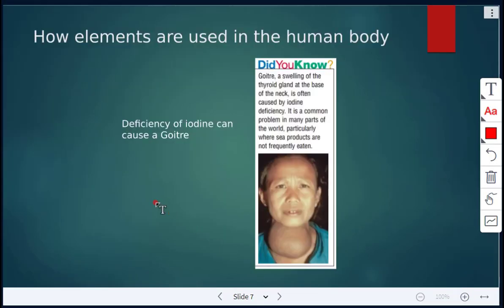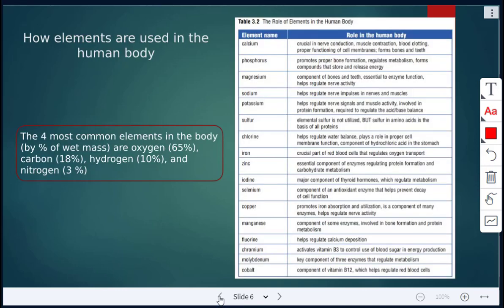How elements are used in the human body, just continuing here, we're just looking at iodine. So we'll look at an example here of iodine and how important iodine is. Iodine here? Right here. So iodine, the role in the human body, it's a major component of thyroid hormones which regulate metabolism. So the thyroid is located in the neck area.